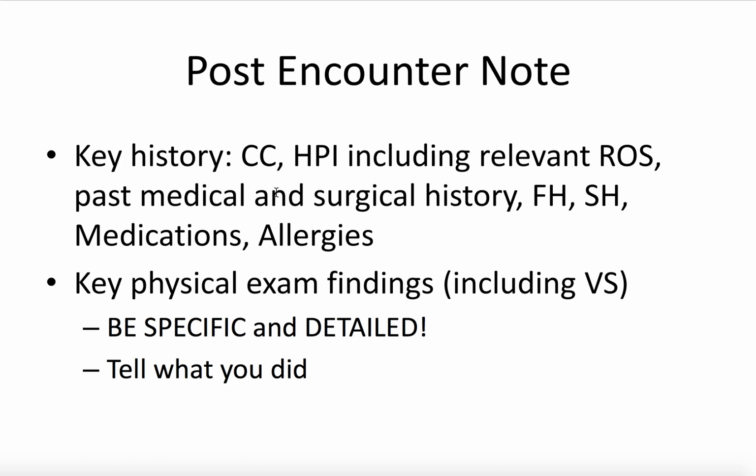Couple quick points about what we just went over. Make sure to include in the history section chief complaint, the HPI, including relevant review of systems, past medical and surgical history, family history, social history, meds and allergies, and then key physical exam findings, including the vital signs.